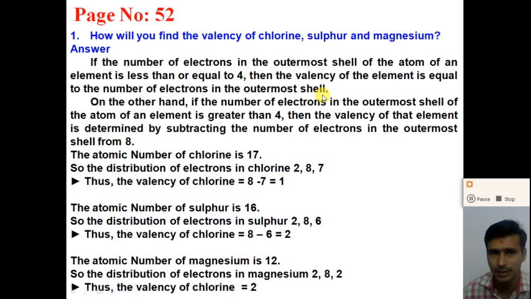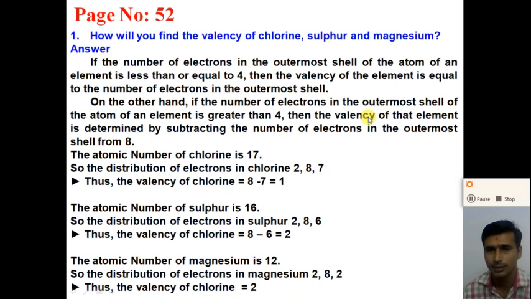Now, first point is that, remember that if the number of electrons in the outermost orbit is 4 or less than 4, the valency of an element is the number of electrons in the outermost cell. But on the other hand, if the number of electrons in the outermost cell of an atom is greater than 4, then the valency of the element is determined by subtracting the number of electrons in the outermost cell from 8, right?